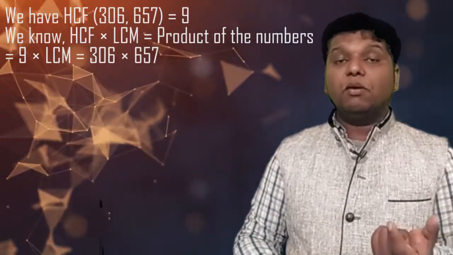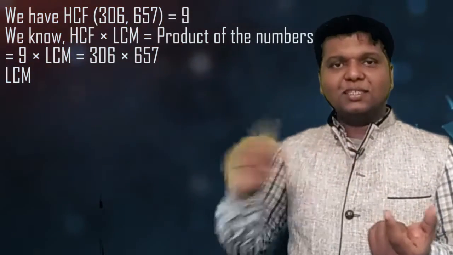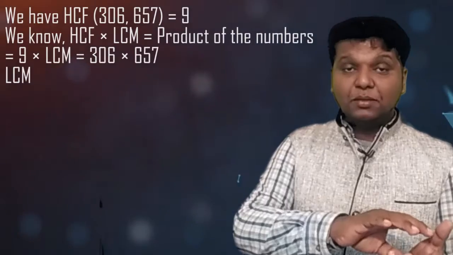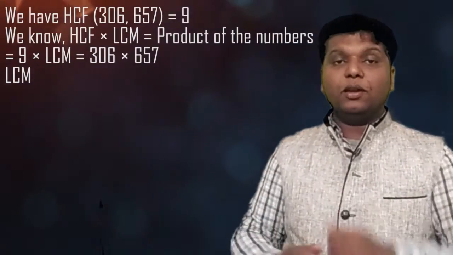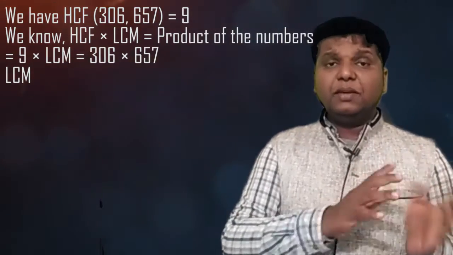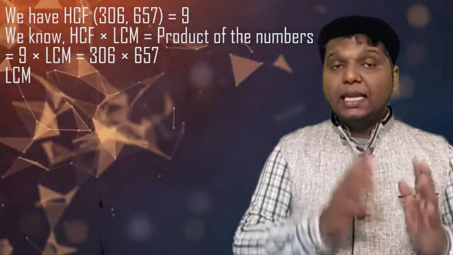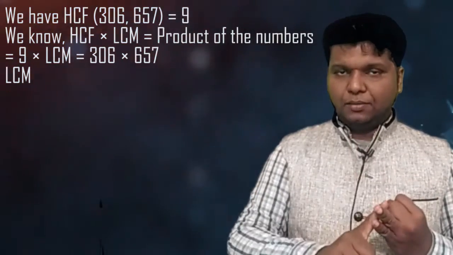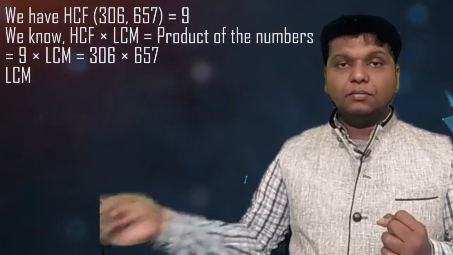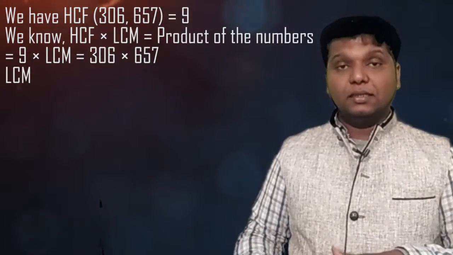Now we have to find the LCM, right? So keep the LCM on the left hand side and take this 9 and throw that to the right hand side. When you are taking a number from one side to another side, forget not, the sign will change. If it is an addition or subtraction, when you're taking that number to the other side, definitely the sign changes.